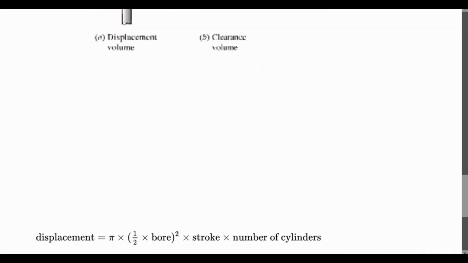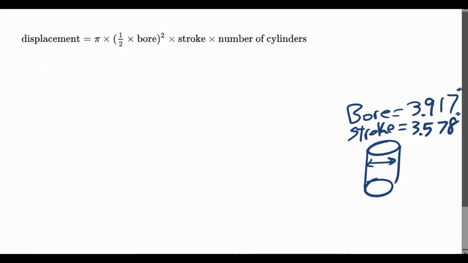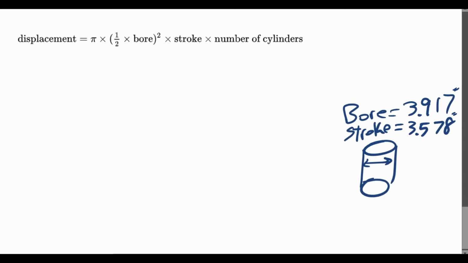Here's the formula, and you can see that I've got a picture down here on the right, and that picture is telling us that inside this cylinder there is a bore right here that is 3.917 inches and a stroke right over here which is 3.578 inches. So we're going to put that into our formula here.